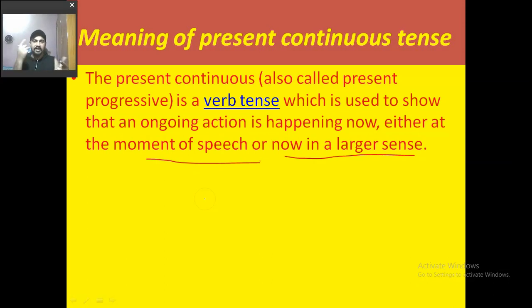When the action is going on in the present moment, suppose a work is done in the present moment and it is going on, it has not got over, and it's not a regular action. It is a continued action in the present moment. Then we say that the sentence is in the present continuous tense.